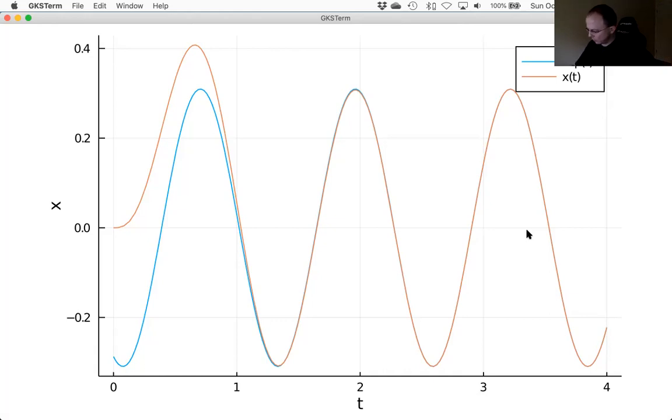And actually, which 5? So we have 5 and 2, right? So 5 is actually the frequency of the external force. So it's actually the external force that eventually wins out in terms of the frequency of the motion. And the natural frequency of 2 is what eventually dies out.